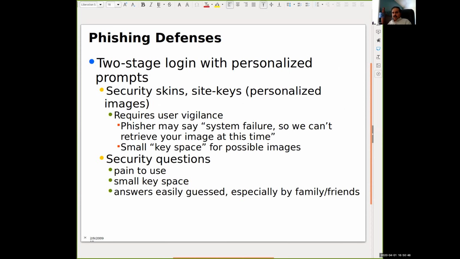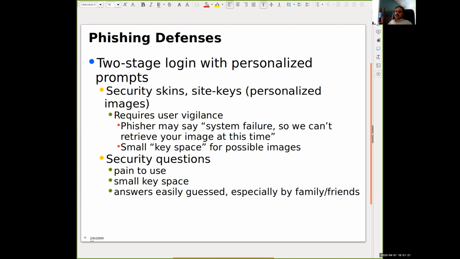Some of the early solutions were based on two-stage login. So the idea is that in the first stage you type in your user ID, and then the system will prompt you at that point with a prompt that is specific to the user, right? So the idea is that you should type in your password only if you see your specialized prompt that is customized for you.